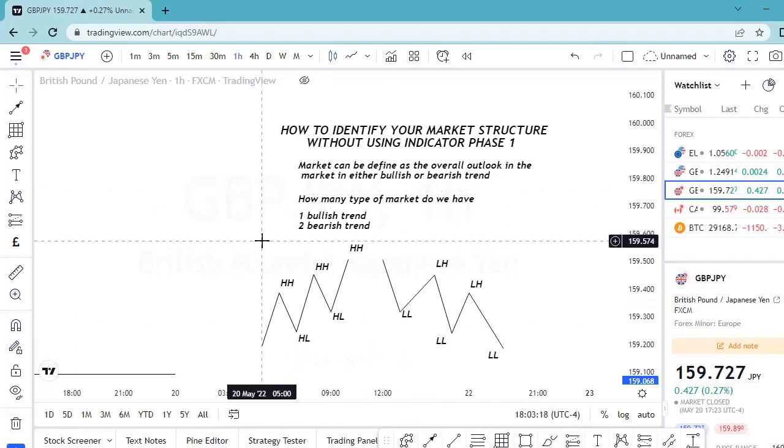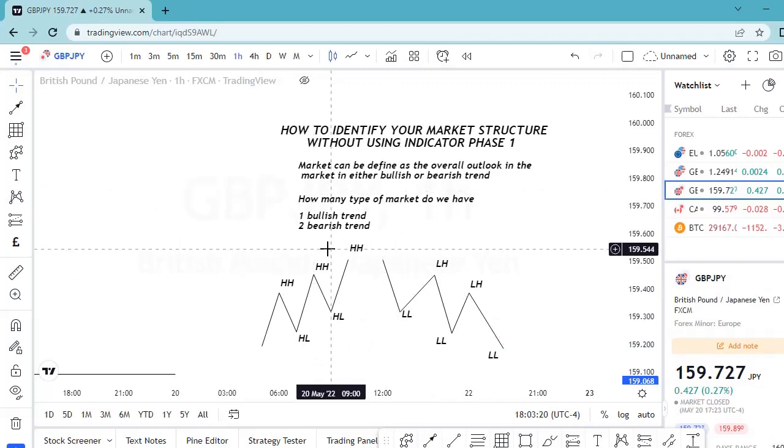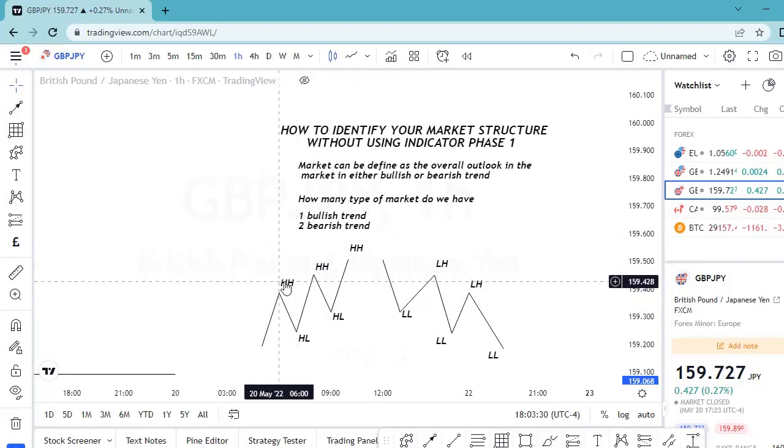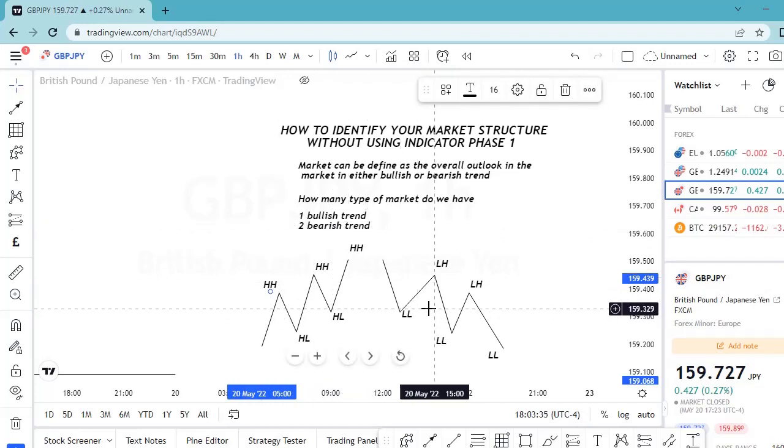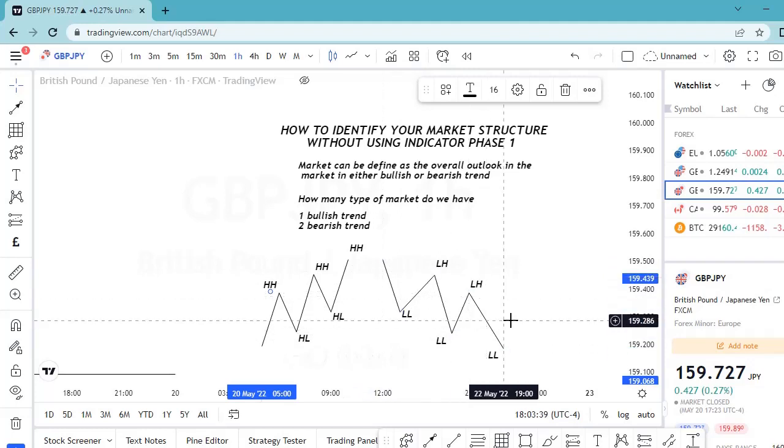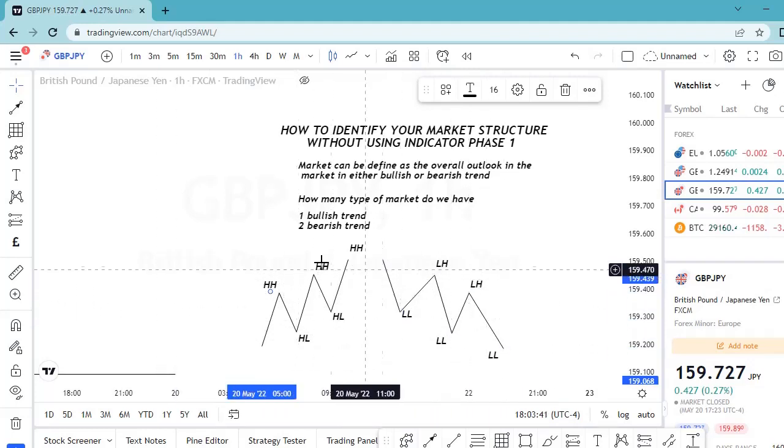I did not type it here, but you can write it down as I'm saying it. A series of what? Higher highs and higher lows, right? That is what categorizes a bullish trend. While on the bearish trend, what categorizes a bearish trend is a series of lower lows and lower highs. That is it, family.